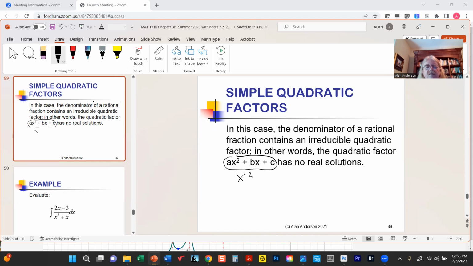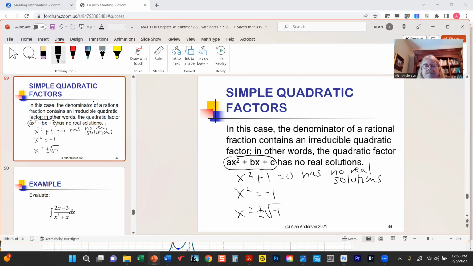Like x squared plus 1 would be a perfect example of that, because what you actually got here is x squared is minus 1. So we call that irreducible.